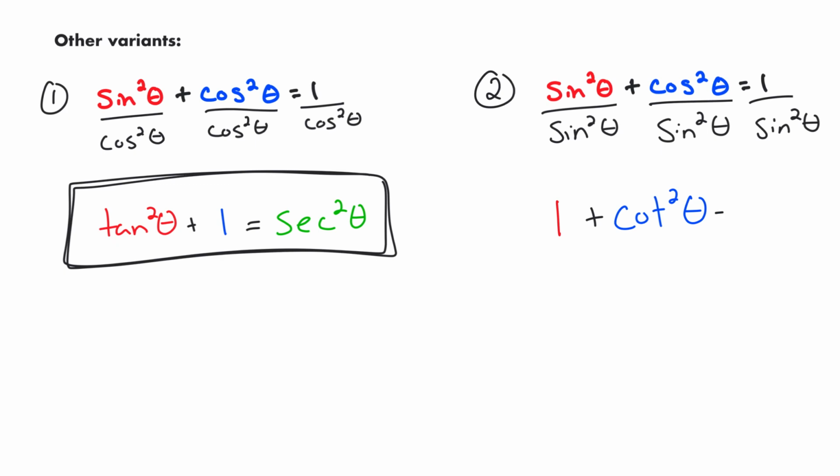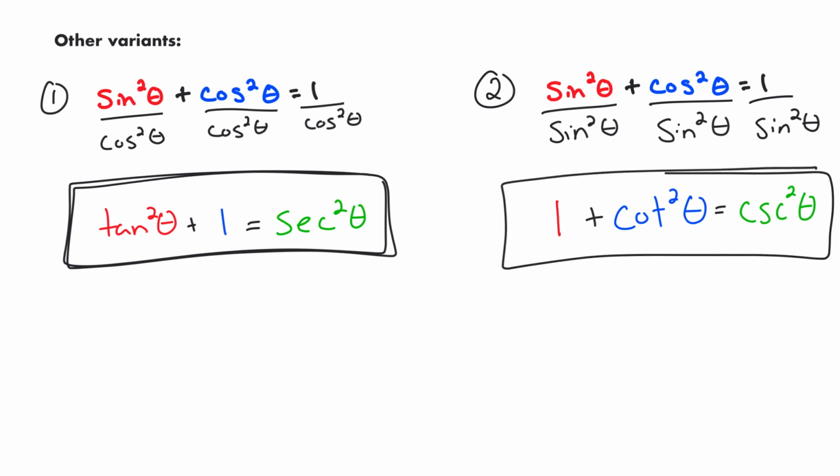And then lastly, 1 over sine squared is equal to cosecant squared. And then this is our last iteration of the Pythagorean identity. And now we have 3 Pythagorean identities, each of which deals with the trig functions in all 6 categories.